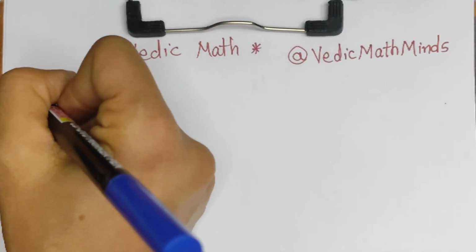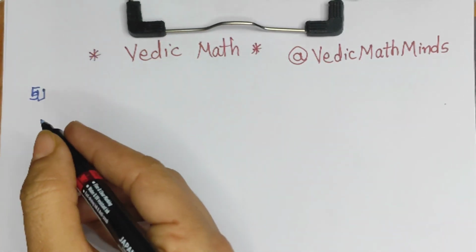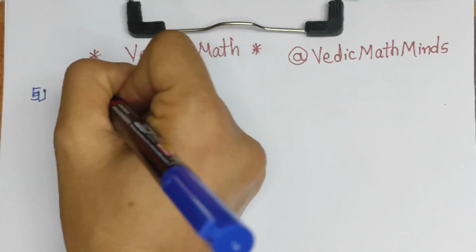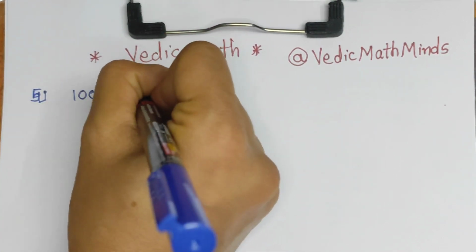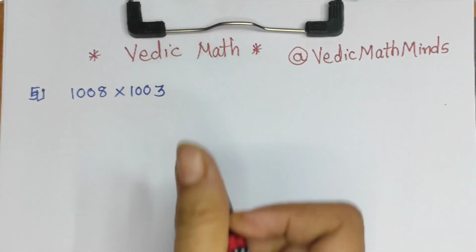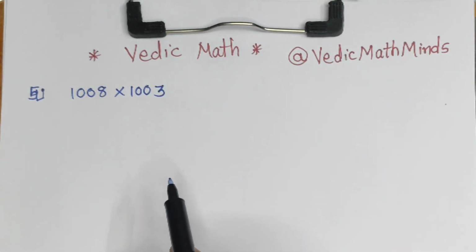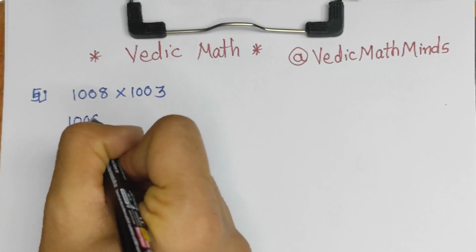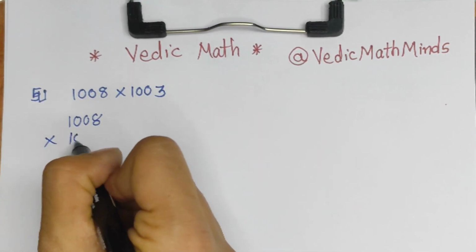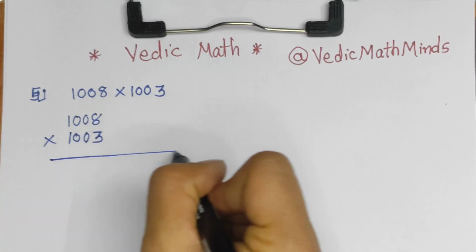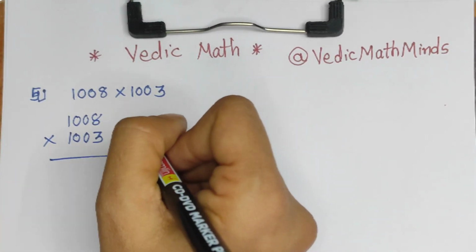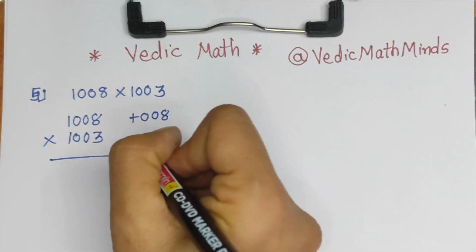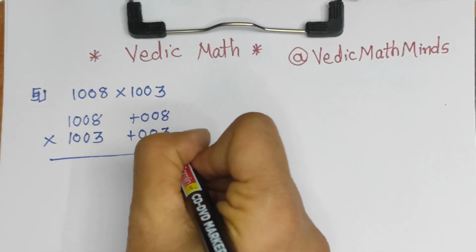We take one more example, example 5: 1008 multiply 1003. We do the same process as we did in the previous multiplications. We write down the numbers and on the right side we write the deviations, 008 and 003.